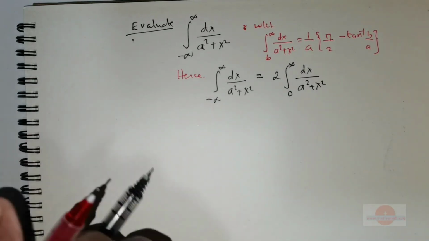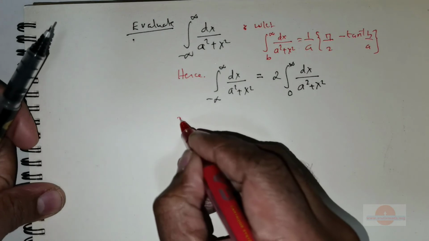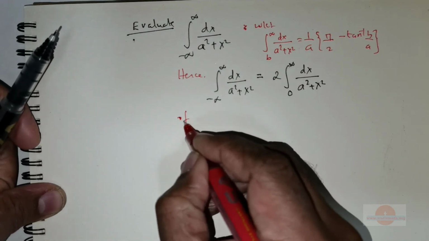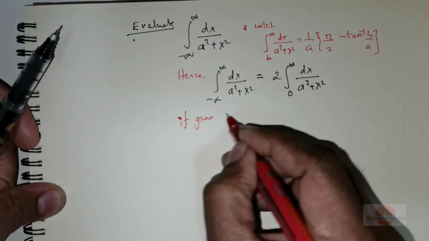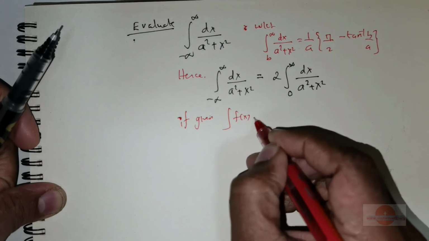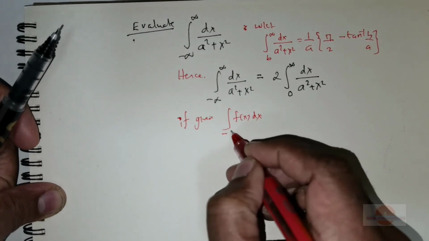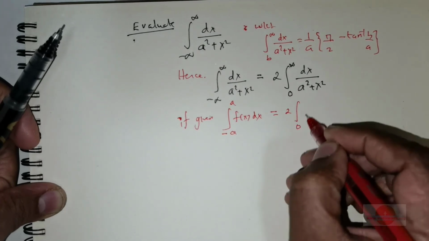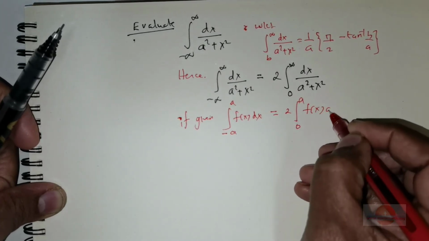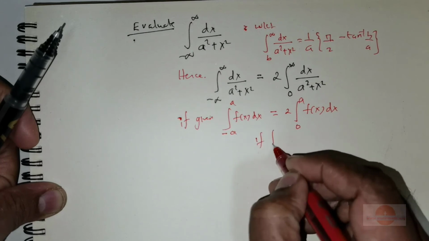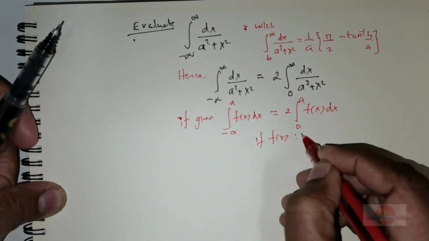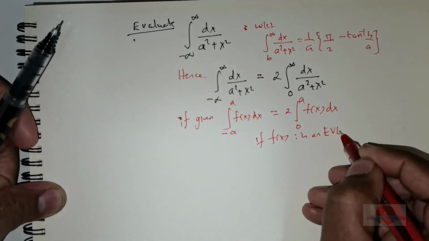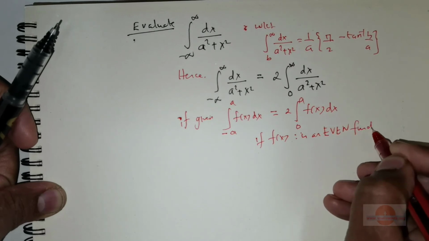Now why do I do that? Because I know a property. If given the integral of f of x times dx with limits negative a to a, I can rewrite this as 2 times the integral from 0 to a of f of x times dx if f of x is an even function.